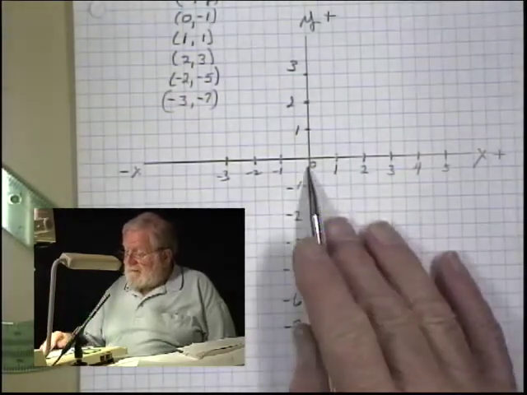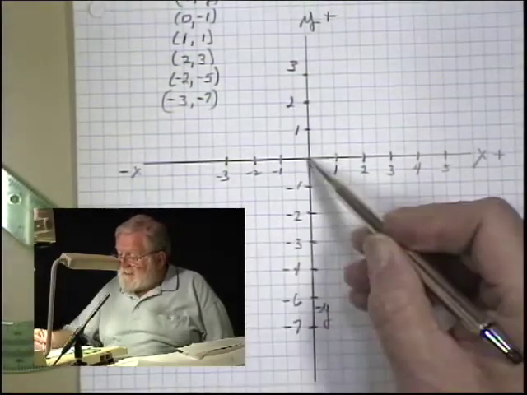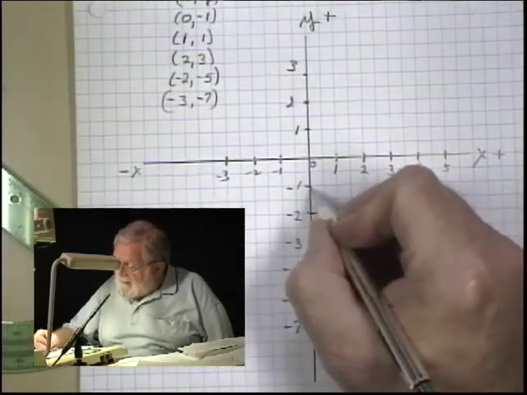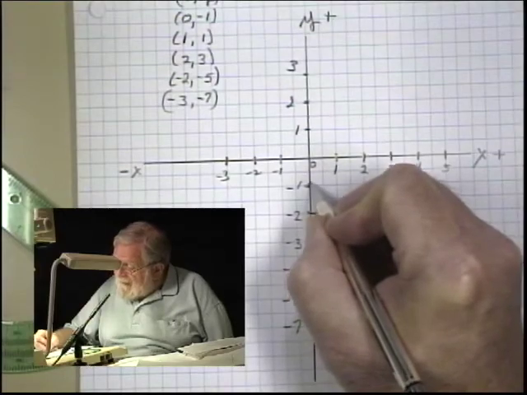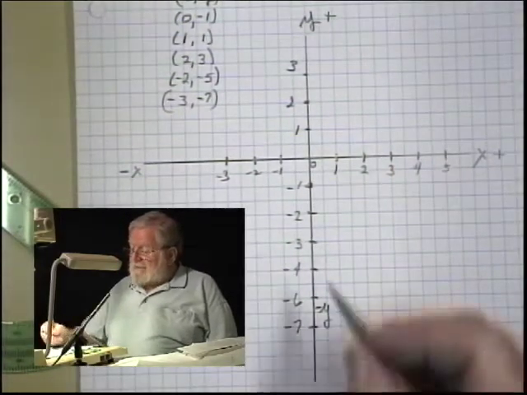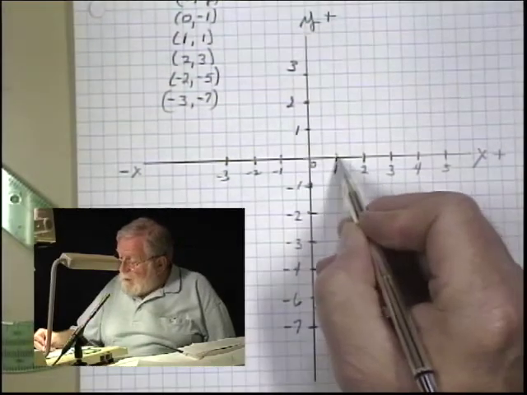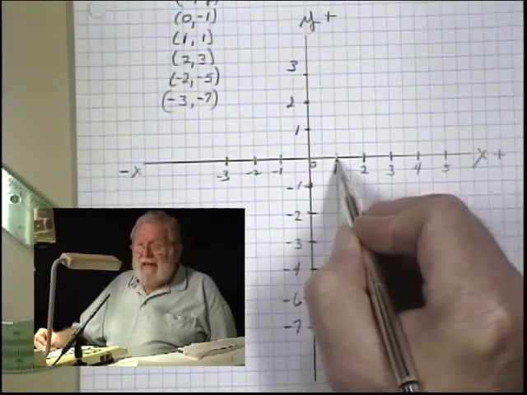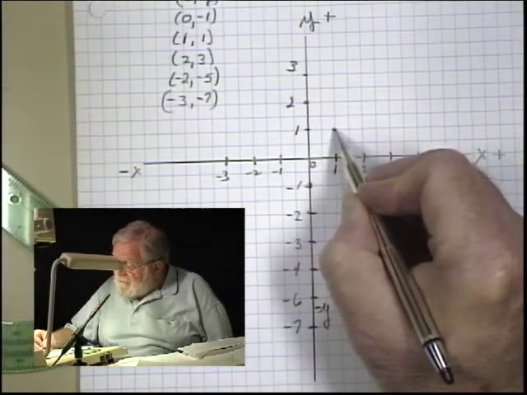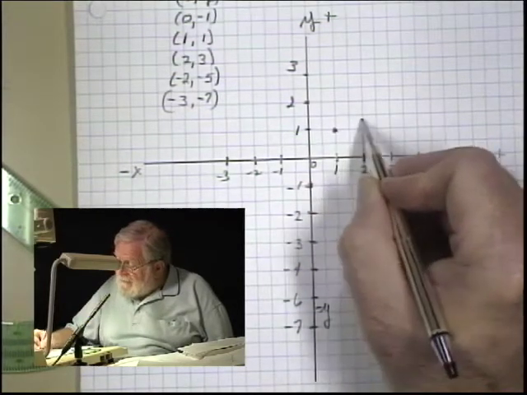So let's find the first ordered pair. X is 0, y is a -1. So that point is right here. The next ordered pair, x is 1, so that's here, and y is 1, that's up here. So this is our next point.